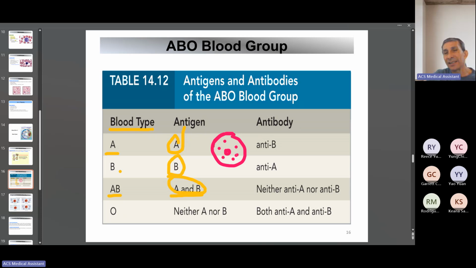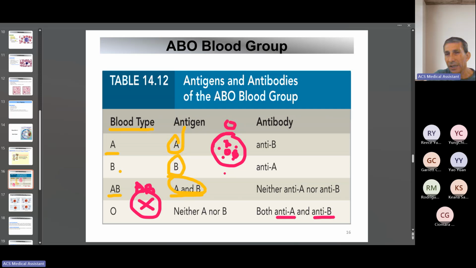Because we don't have anything outside, we have to have both antibody A and antibody B inside. AB is going to have A and B outside, nothing inside. This O type is going to have A and B inside, but nothing outside, zero.